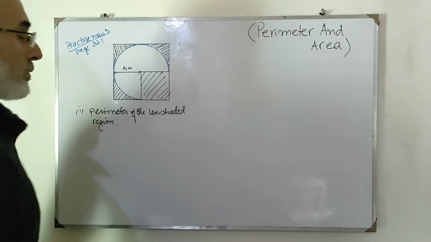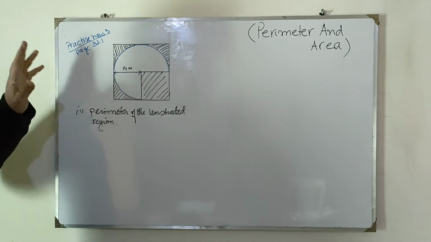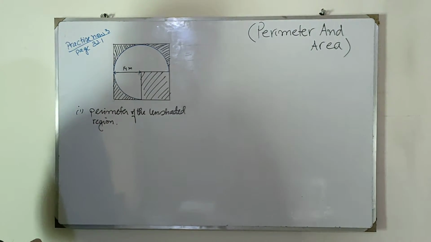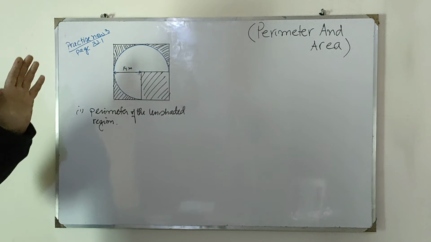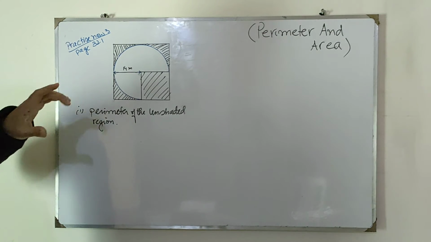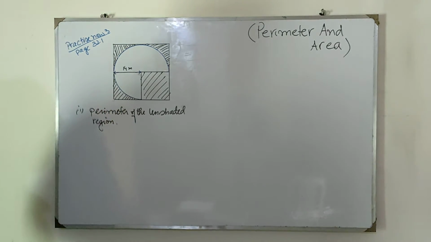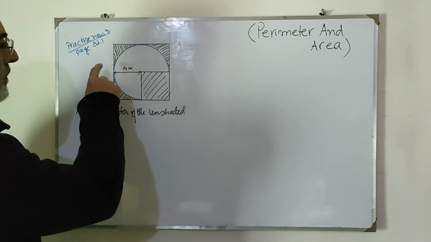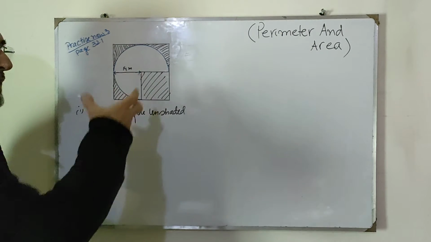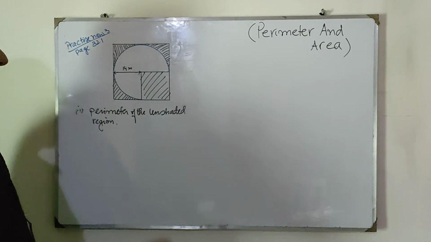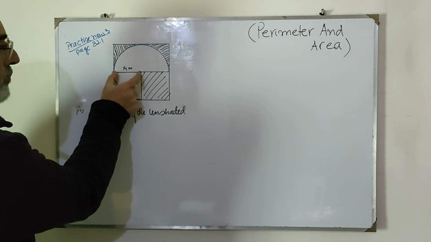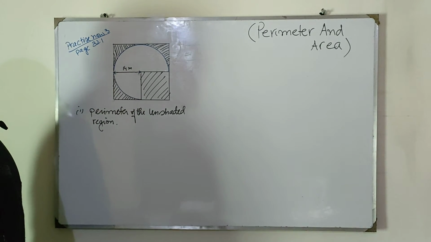Now I've taken this question from the book. It's Practice 3, page 321, and this is the diagram. What we have to do is find the perimeter of the unshaded region. In this diagram, it's a square, and within the square we have a circle, and the radius of the circle is 14 meters.